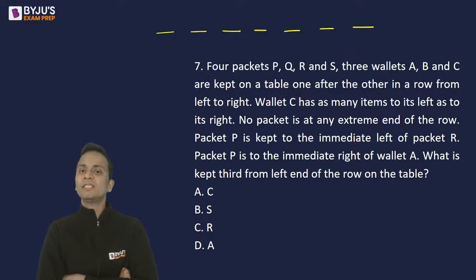No packet is at any extreme end of the row. Packet P is kept to the immediate left of packet R. Packet P is to the immediate right of wallet A. What is kept third from left end of the row on the table?